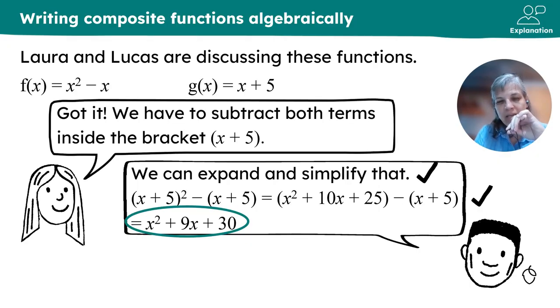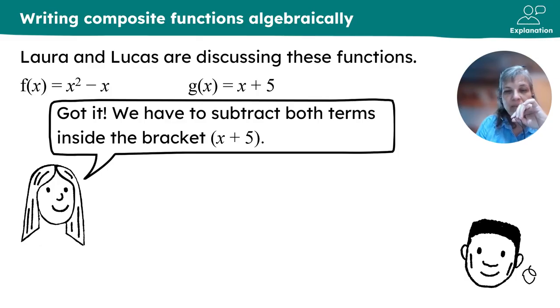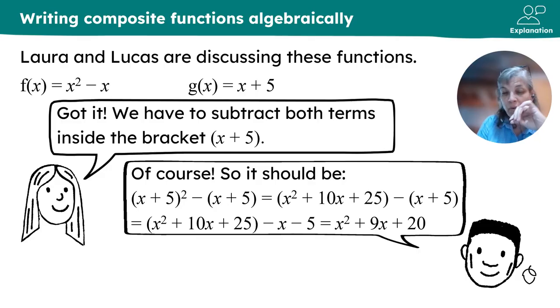It should be, we have to subtract both terms, says Laura, inside the bracket. And Lucas does some calculating and says, oh, of course. So it should have been minus 5 as well as minus x.